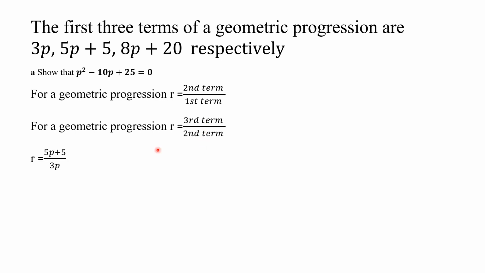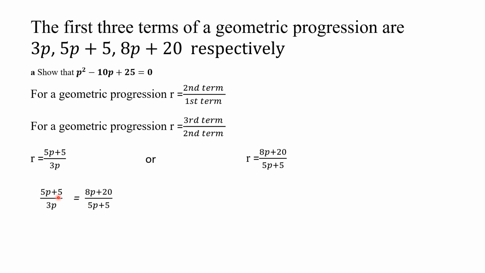Right, so r will give us 5p plus 5 divided by 3p, or r is equal to 8p plus 20 divided by 5p plus 5. So we equate the two: 5p plus 5 divided by 3p is equal to 8p plus 20 divided by 5p plus 5.